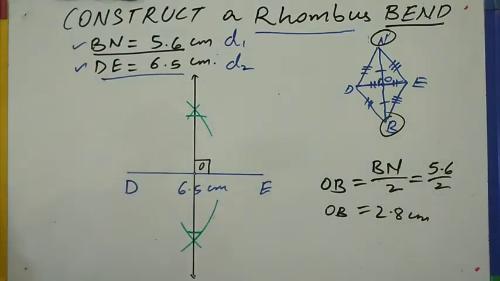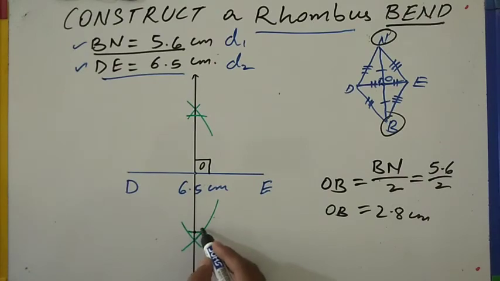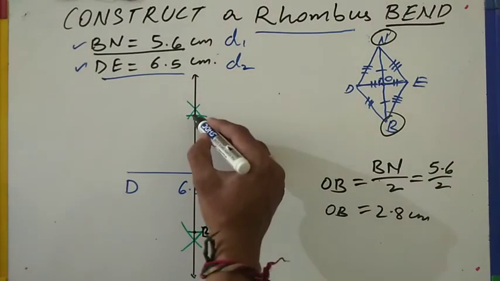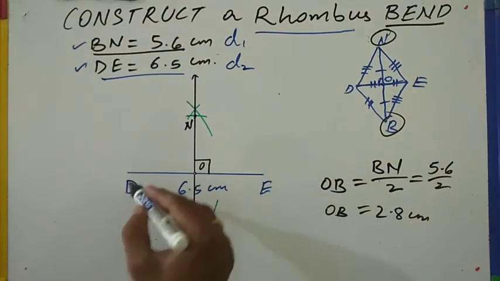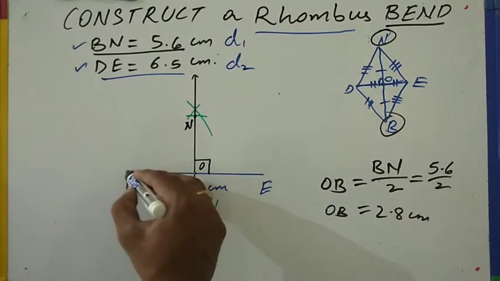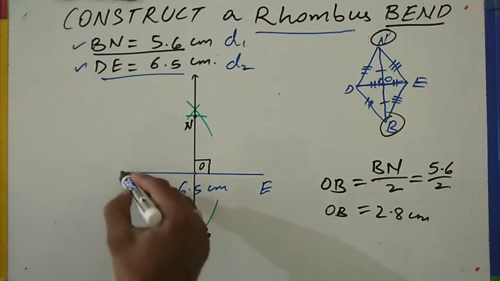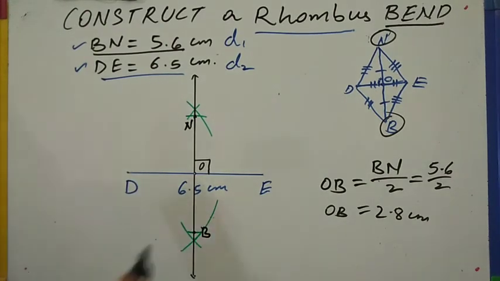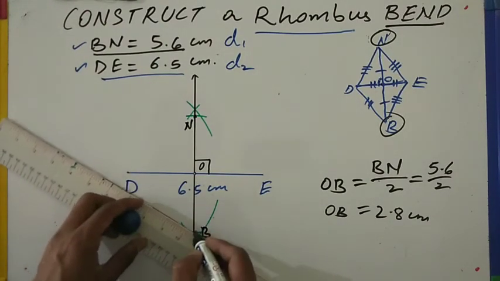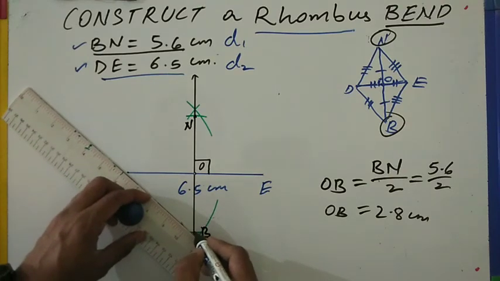I got here points B and N. If I join N to D, N to E, B to E and B to D, I will get the rhombus required.